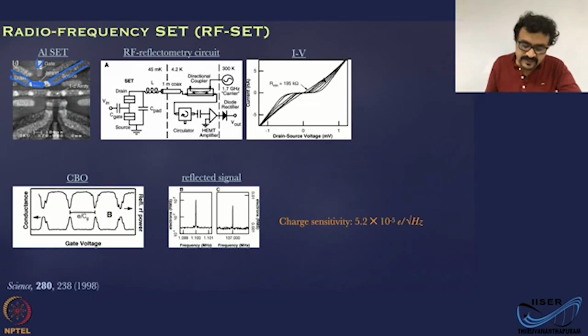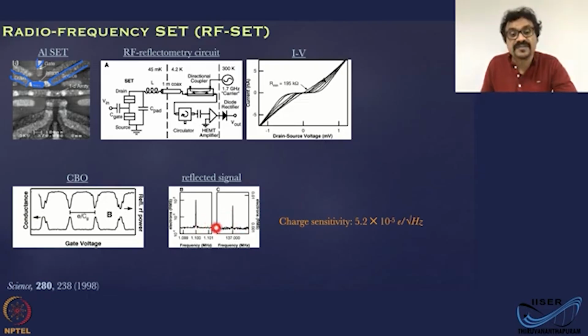Now, what you can also do is apply a small wiggle on the gate voltage, a small voltage oscillation on the gate, that is going to oscillate the impedance of the device with the same frequency, and then the reflected power will be amplitude modulated at that frequency, which you can see as sidebands, shown here.